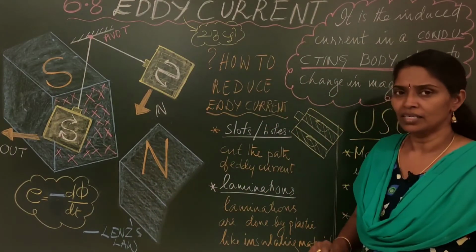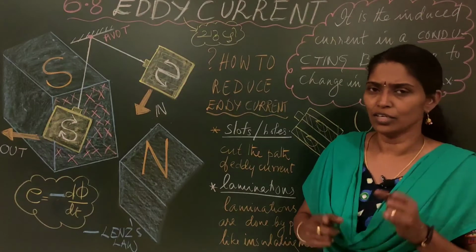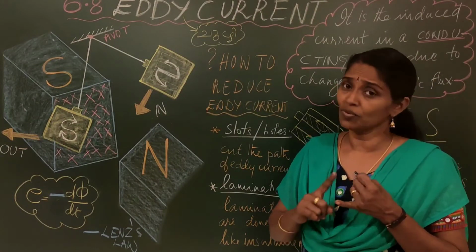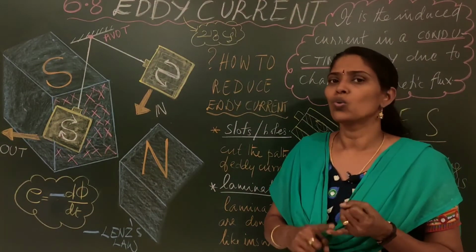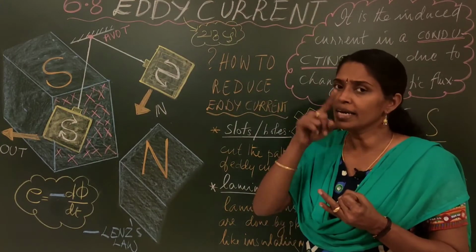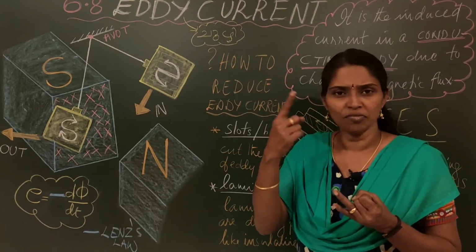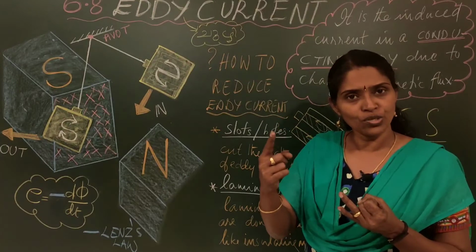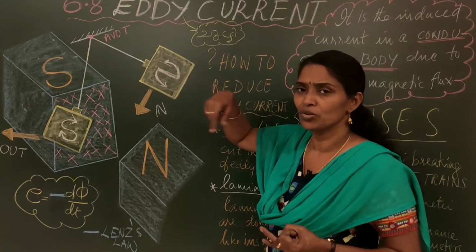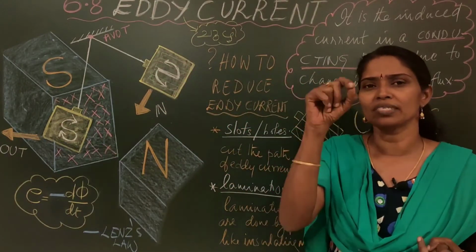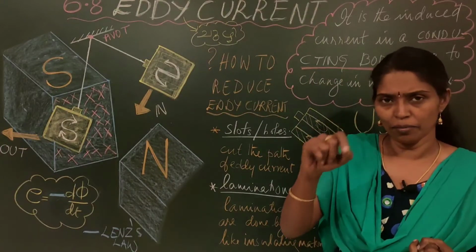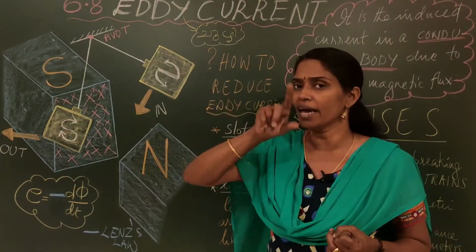Now look at it. Due to eddy current, two things are happening. I told you what is one thing. What is one thing? Sudden damping. What is the second thing? Eddy current forms in the manner of whirlpool, and also this current inside, you studied magnetic dipole moment is I into A. I means the induced current, A means the area.